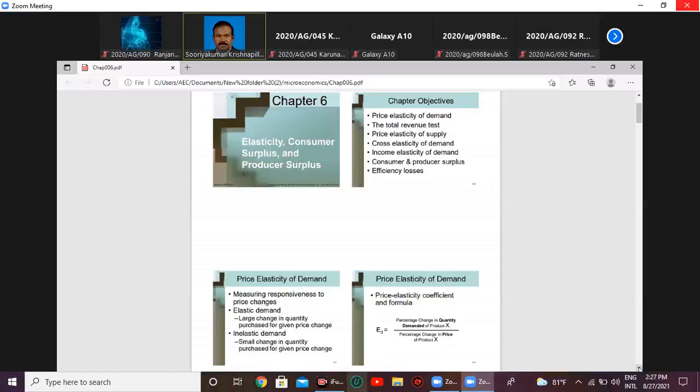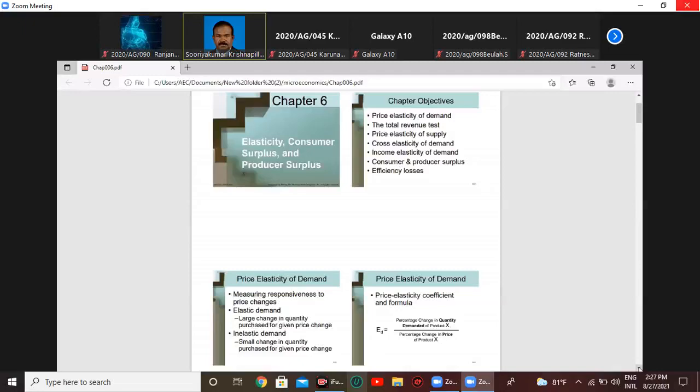So to avoid that problem, we use the midpoint value. Whether the price increases from 4 to 5 or decreases from 5 to 4, the change is 1. But for the denominator of the percentage, we use the midpoint: 4 plus 5 divided by 2, that is 4.5.